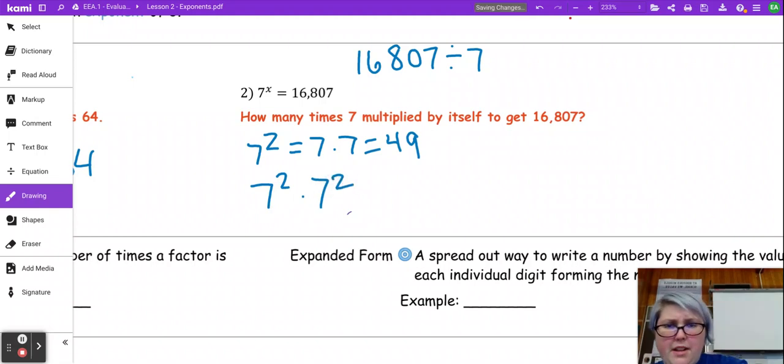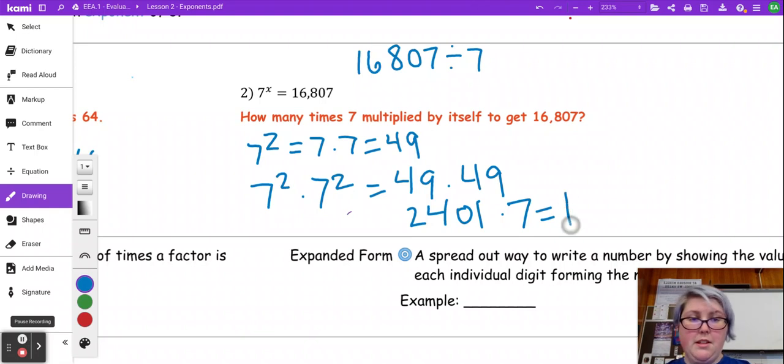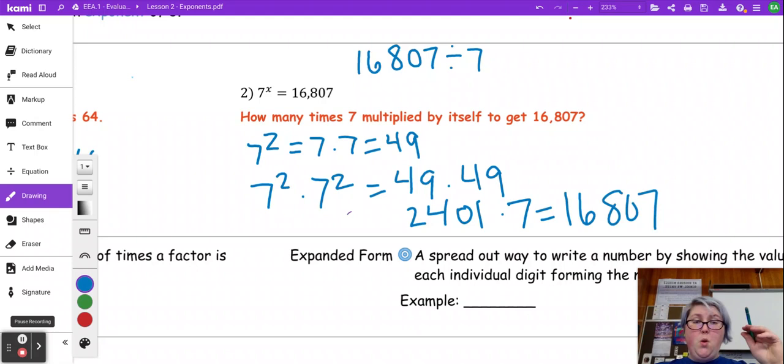Well, we know that's the same as 49 times 49. 2,401. Well, that's not 16,000, but that's a lot closer. What happens if we multiply that number by 7? Let's see. That becomes 16,807. Woohoo, we found it.